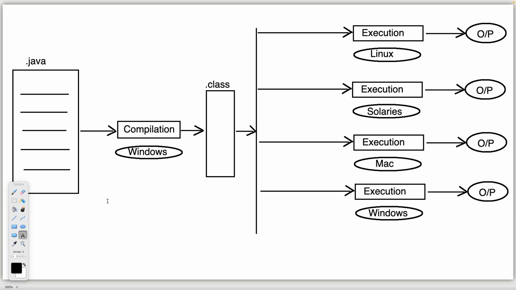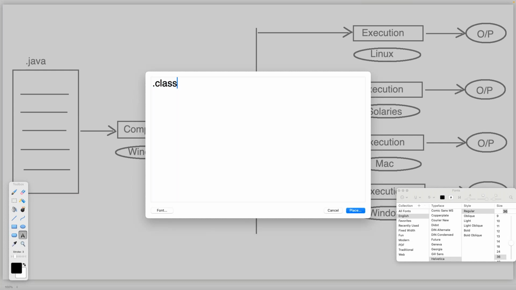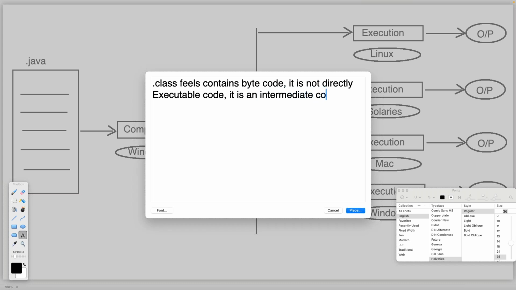So what's the point here? I said, dot class files contain bytecode. It is not directly executable code. It is an intermediate code, and it does not represent the local operating system.